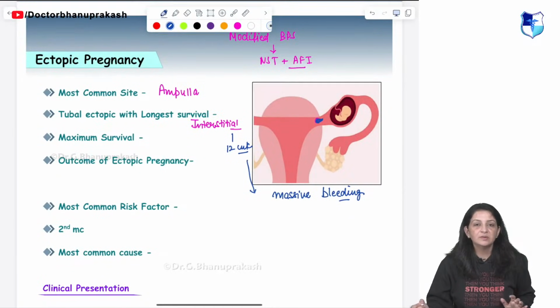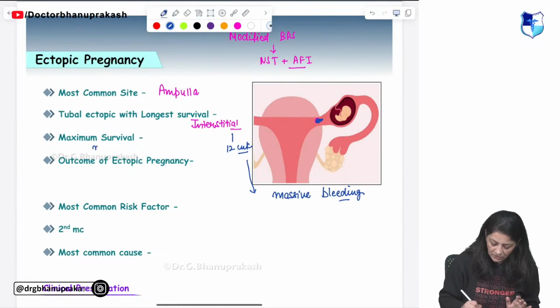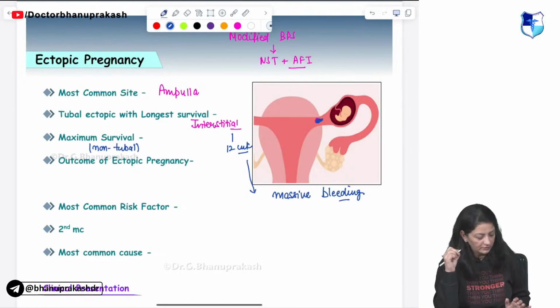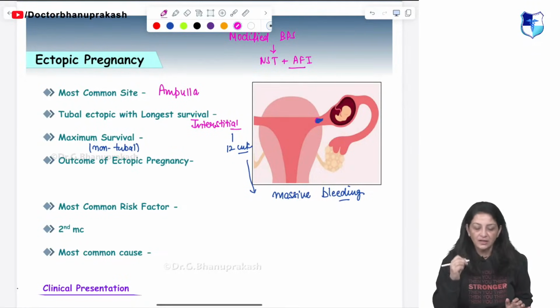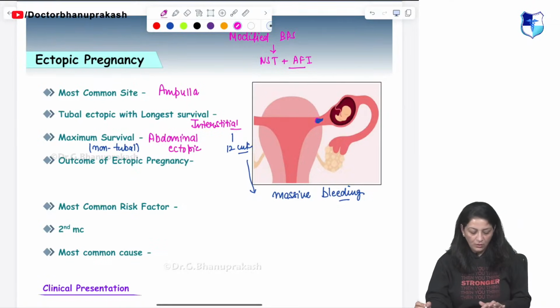So where is the maximum survival of ectopic pregnancy? Non-tubal. I'm asking non-tubal. Maximum survival in a non-tubal site: abdominal ectopic. Okay.